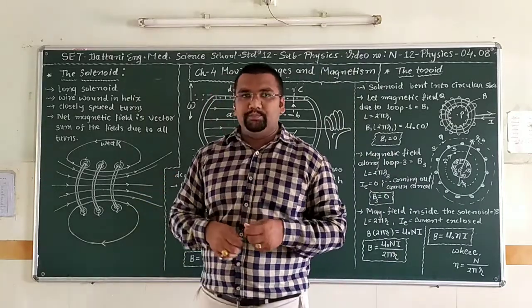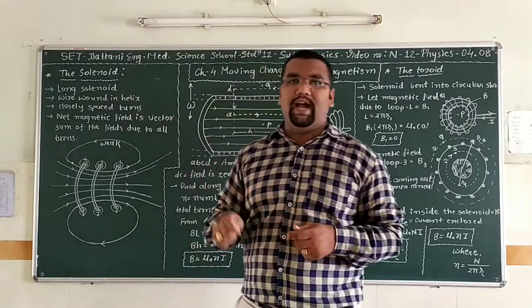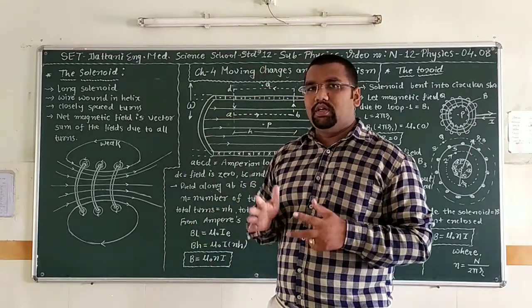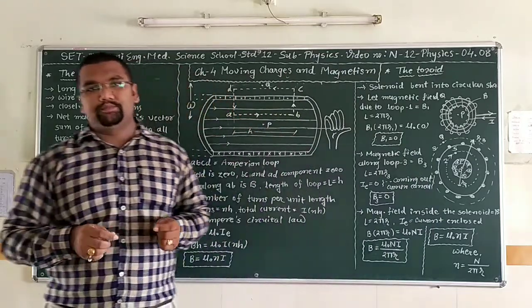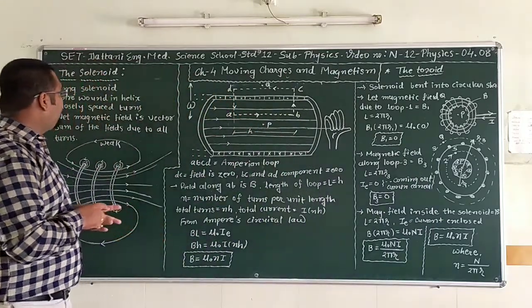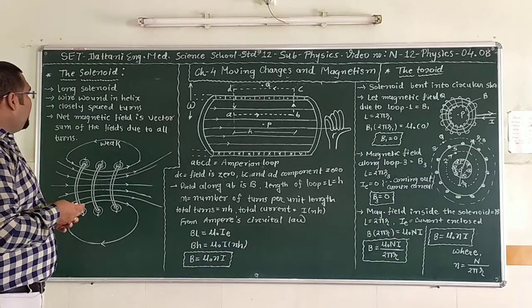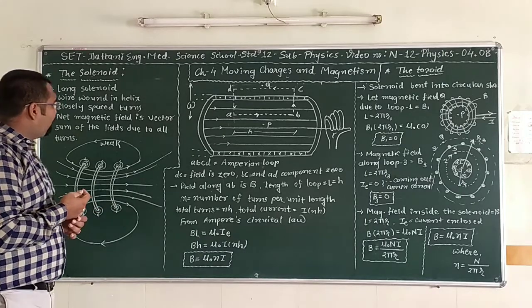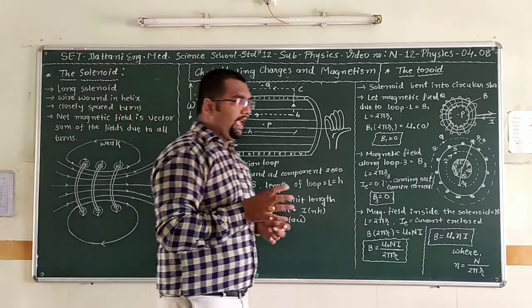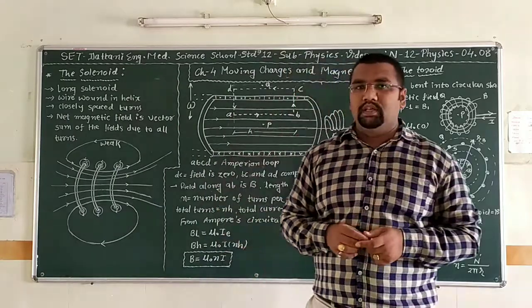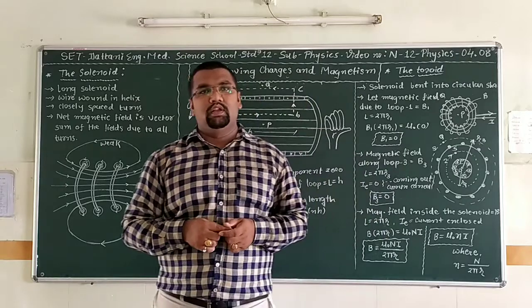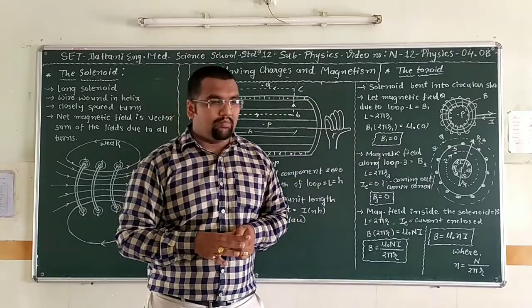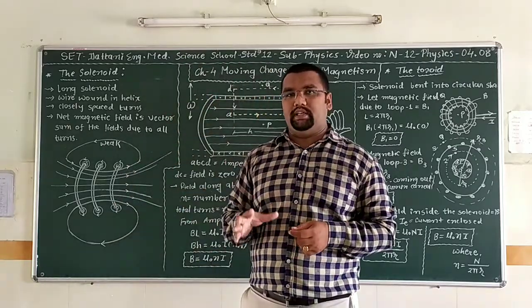In a solenoid, closely spaced wires are wound, which are separated from each other by insulating material. The net magnetic field is the vector sum of the fields due to all the turns. As we have discussed earlier, every current carrying conductor produces a magnetic field around it.